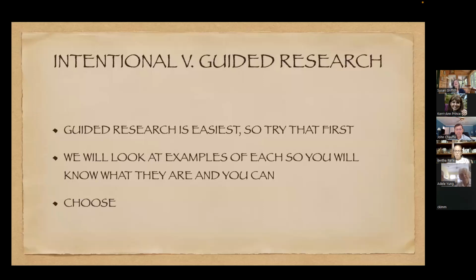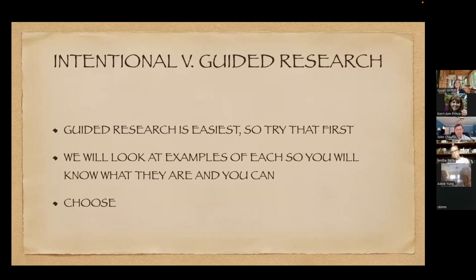Okay. There are several different ways to find census records. I call it intentional versus guided research. Guided research is the easiest, so we're going to try that first. We're going to look at examples of each of these so that you'll know what they are and so that you can choose for yourself.